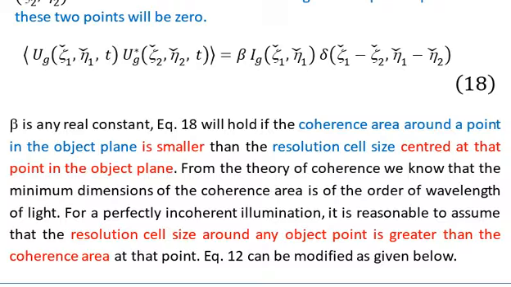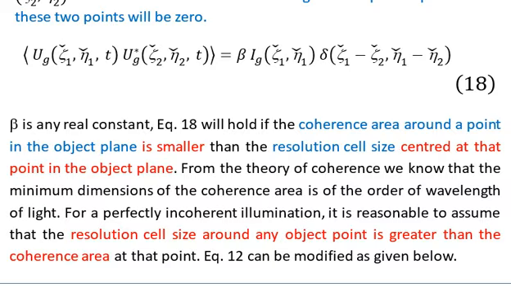Here we are talking about two terms. One is the coherence area at the object point, and the other is the resolution cell size at the object point. The resolution cell size is concerned with the image plane where you have the CCD pixels, or where you have placed a digital camera. The pixel size of that digital camera, when traced back through the optical system to the object plane, gives the resolution cell size.